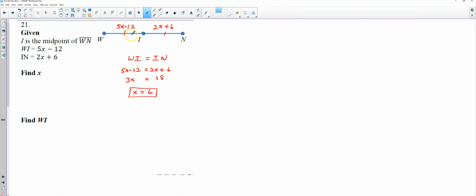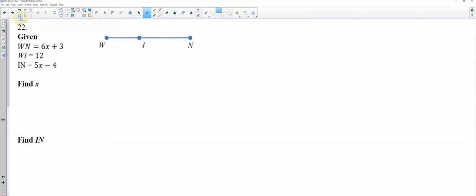Then find WI. WI equals 5x minus 12, or 5 times 6 minus 12. This is 30 minus 12, which is 18. So WI must be 18. And there you are.